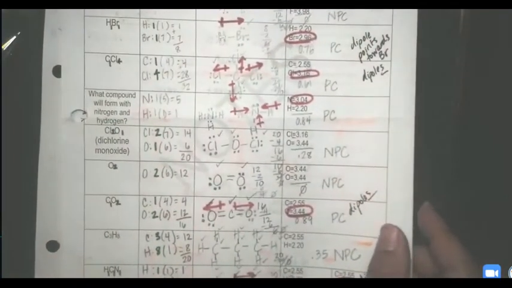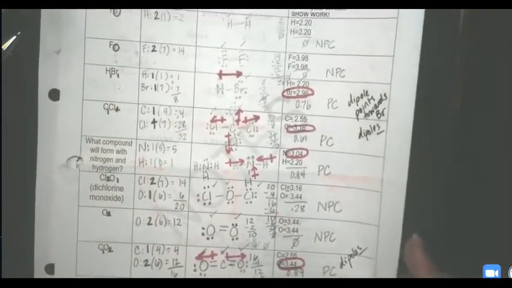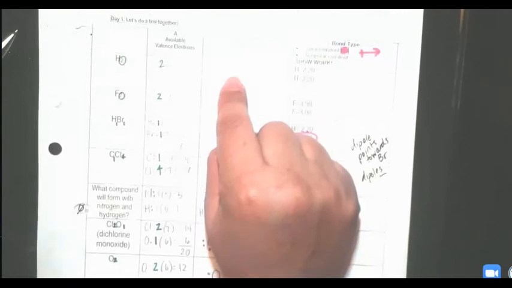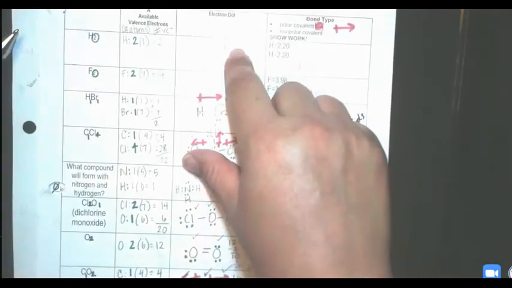So now we're just going to take a minute to practice. We're going to go back to a page that we already did in the notes. We're going to look at page 5. All right. So let's see if we can figure out what the shapes of these are. 2 things attached, no lone pairs, so this is going to be linear.